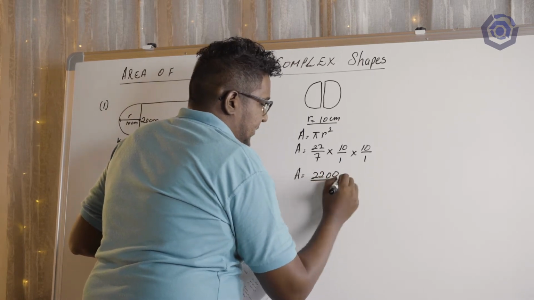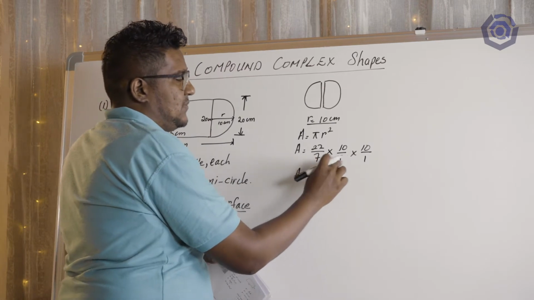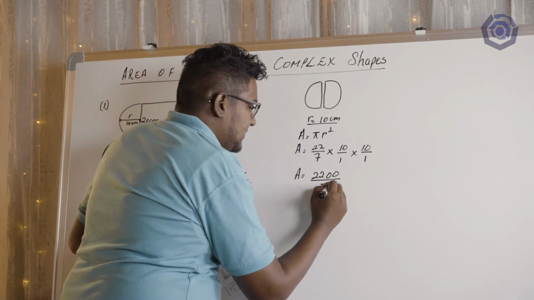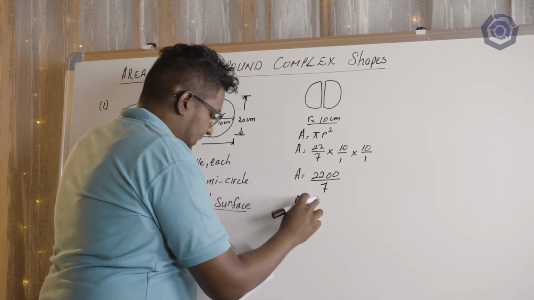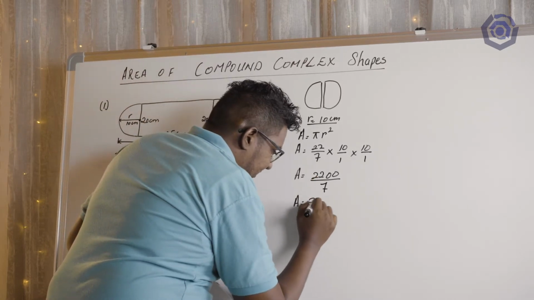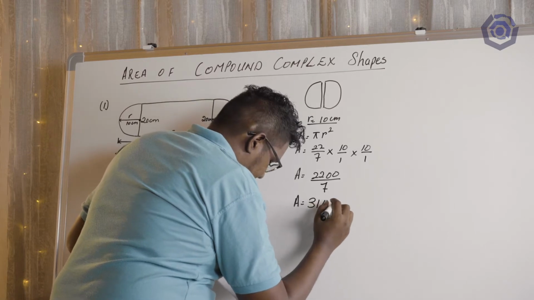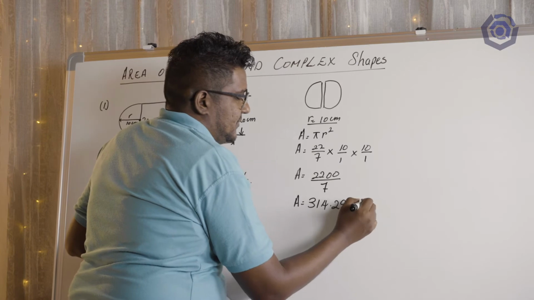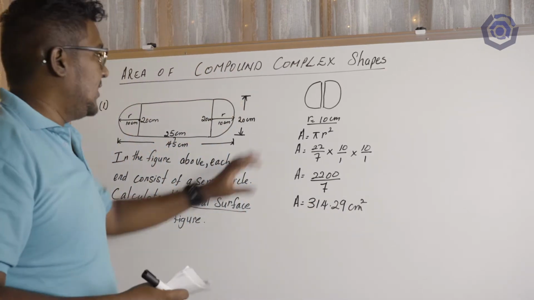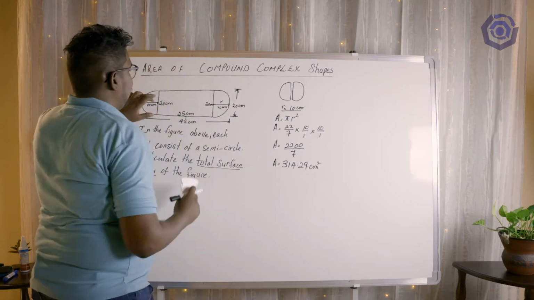Oh, I forgot the units. Anyway, we'll add the units at the end. And then 7 times 1 is going to give me 7. A is equal to 2200 divided by 7, and that's going to give me 314.29 cm, and it's an area, so it becomes cm squared. So this is my two ends, right?